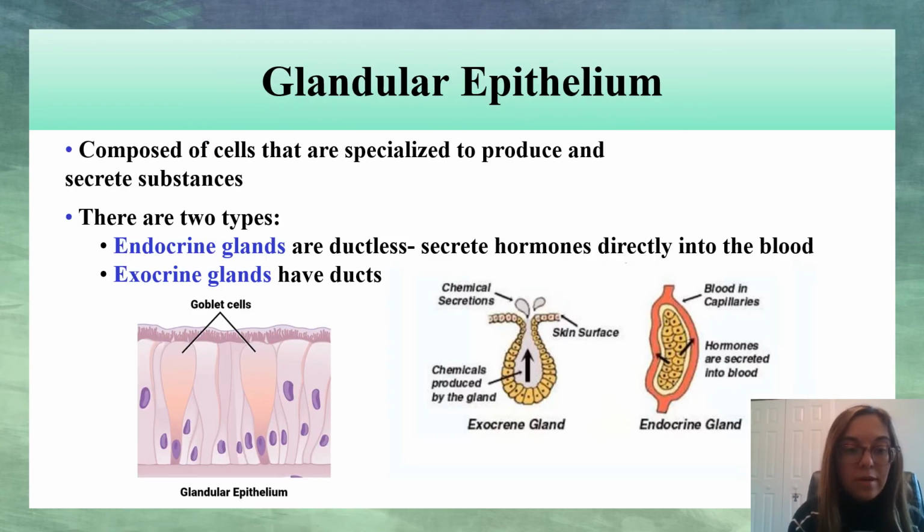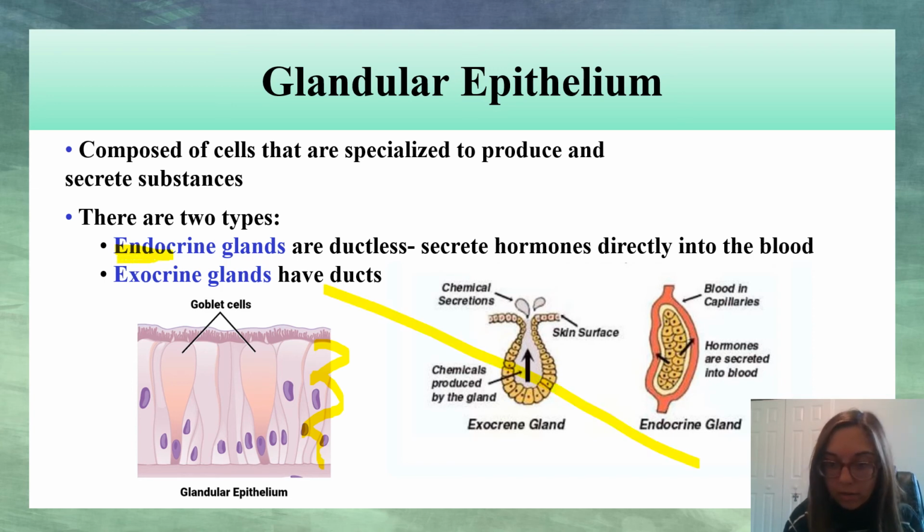Glandular epithelium is composed of cells that are specialized to produce and secrete substances. So it makes sense that they would be more elongated because they have more room to secrete materials. Two types of glands are endocrine, endo meaning inside, so they secrete things from the inside out in this example.